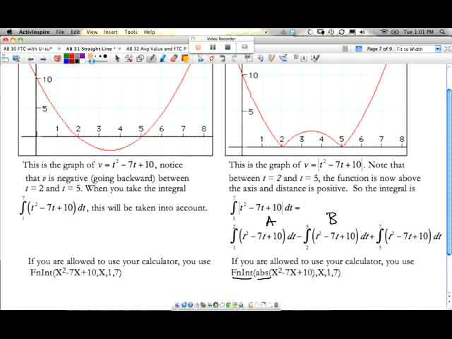Notice here that we had to split this into 3 zones, A, B, and C. So that's exactly what we are doing, whereas over here, it's just from 1 to 5, the whole way. So you either have positive, positive, and negative area, or when it's absolute value, talking about distance, it's positive, positive, positive.